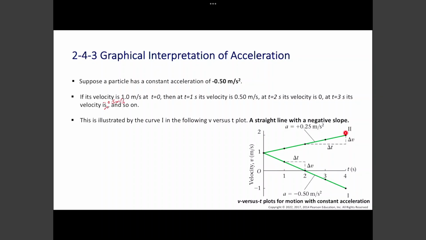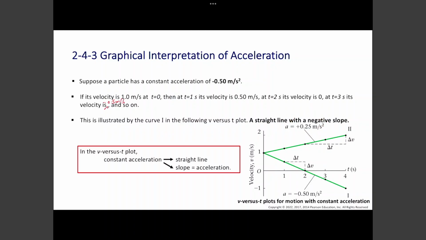It has a positive slope corresponding to a constant acceleration of 0.25 meters per second squared. So in the v versus t plot, constant acceleration gives a straight line graph, and the slope of the graph gives the acceleration.